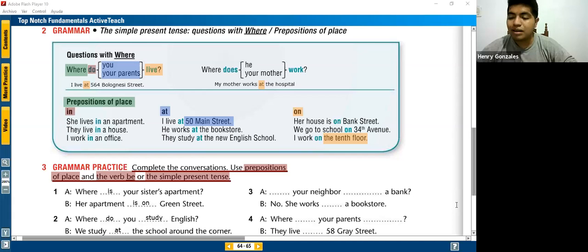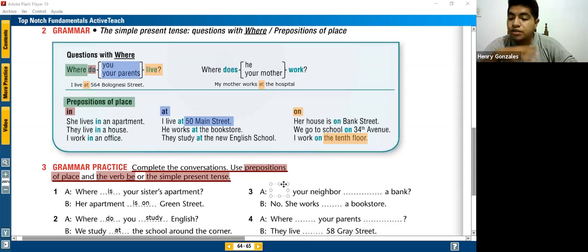Number 3. Who wants to continue with number 3? A ver, ¿quién desea continuar con el número 3? Here's a question. Como podrán darse cuenta, es un yes-no question, right?